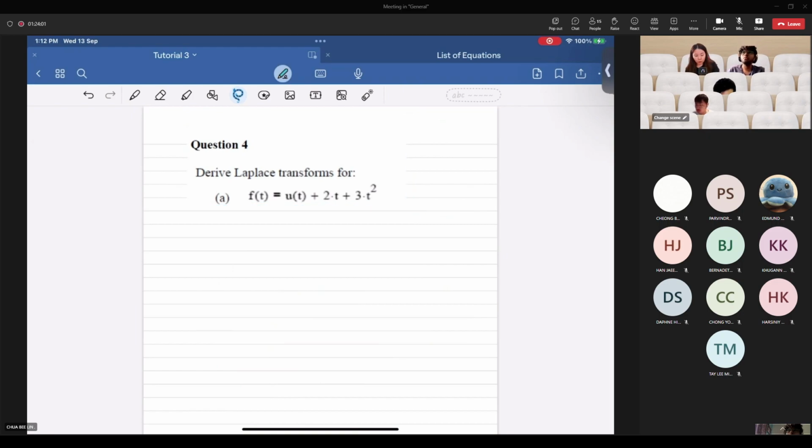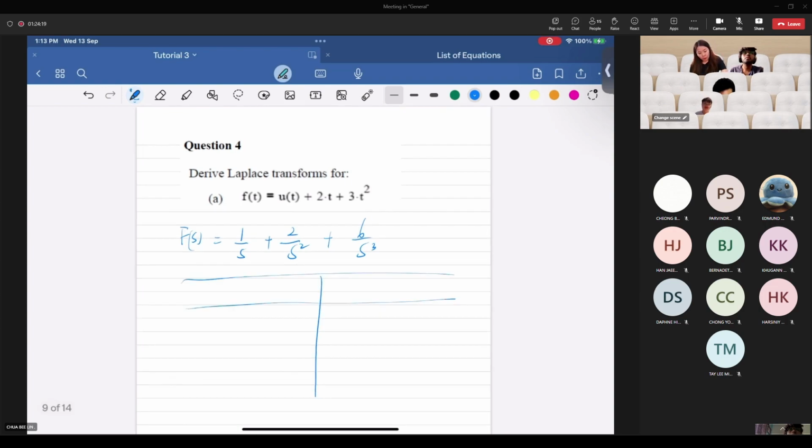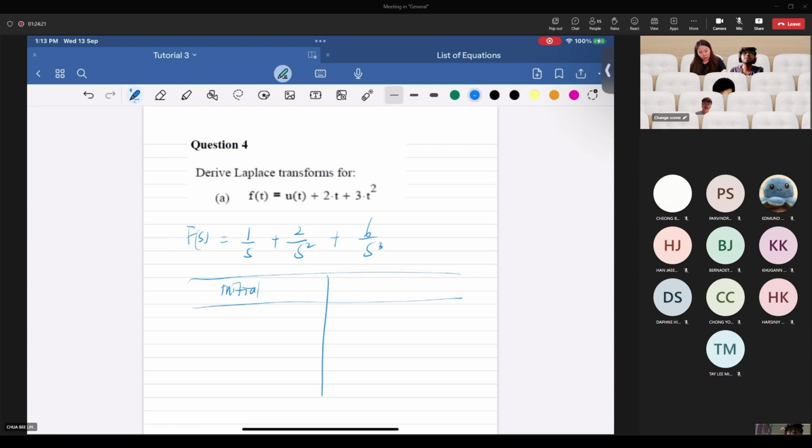Just now we have solved this: F(s) equals 1 over s plus 2 over s squared plus 6 over s to the power of 3. Okay, now split into 2: initial value and then final value.